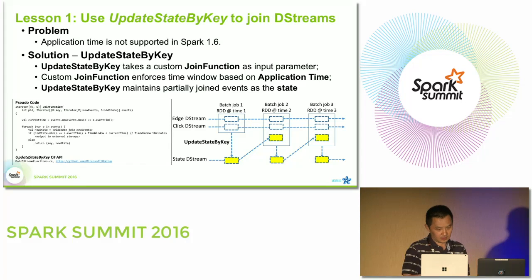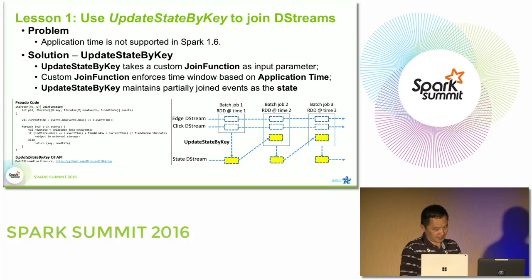First, among all the new events, we get the max event time of all the incoming events as the current time. Then we use the current time to determine whether a particular state is out of the time window or not. That's how we enforce application time in this join function.